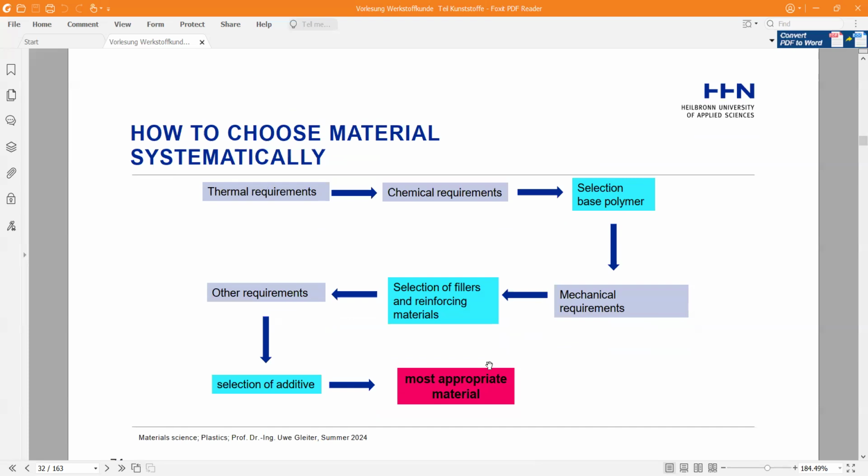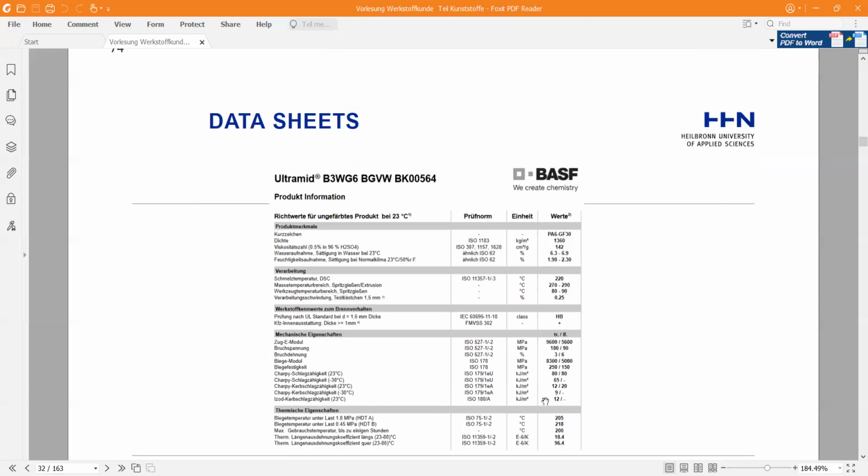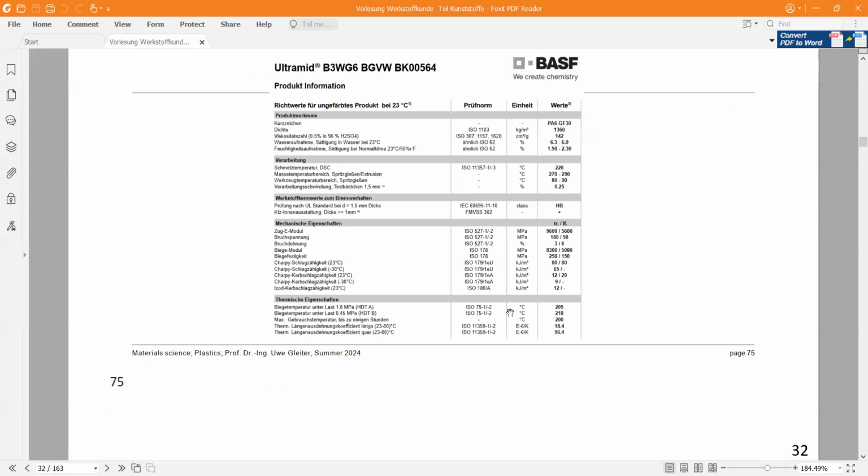First we have to determine thermal requirements, chemical requirements, selection of base polymer, mechanical requirements, selection of fillers and reinforcing material, then other requirements, selection of additives, and we can get the most appropriate material. Here we have a data sheet for one of the BASF products. So it's just an example.